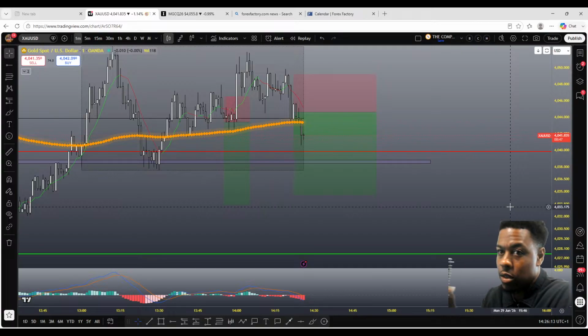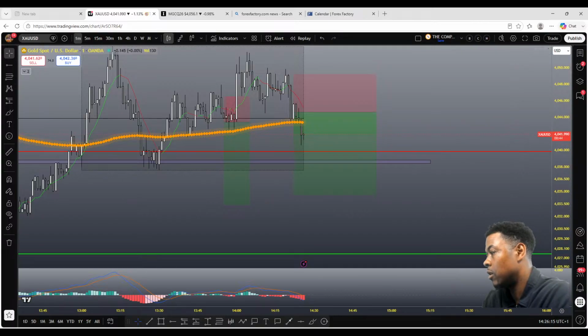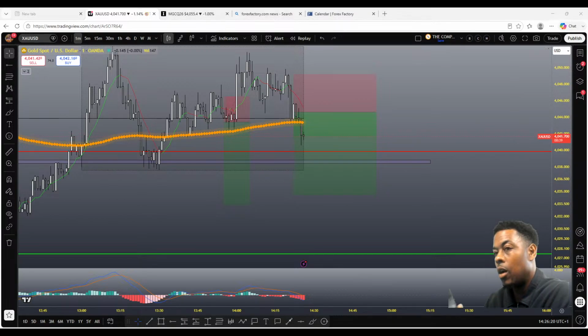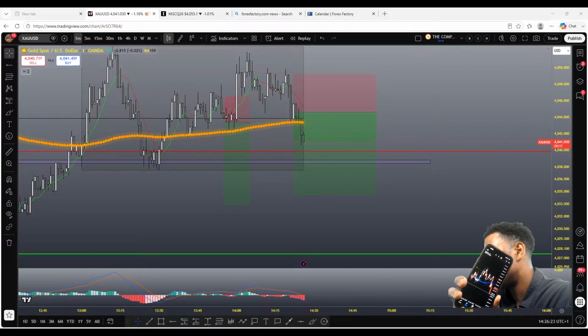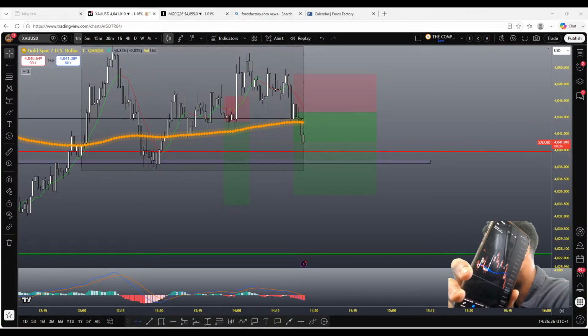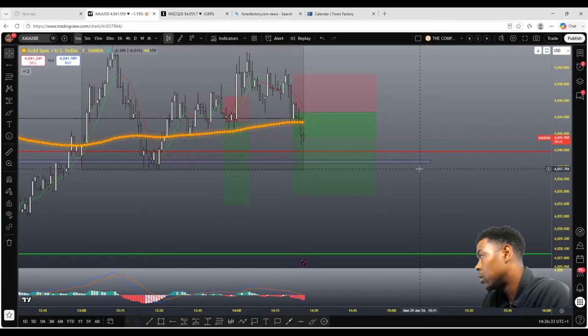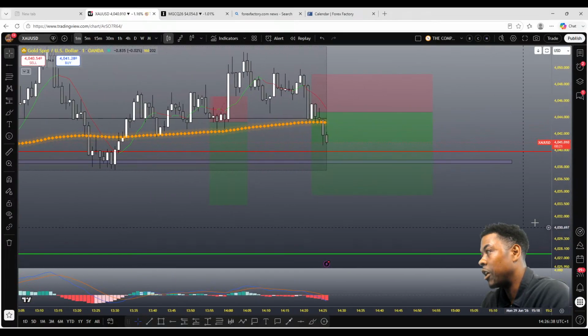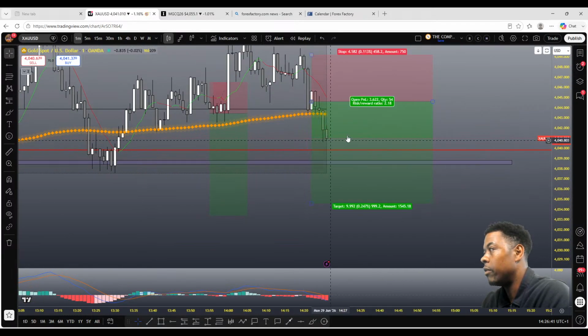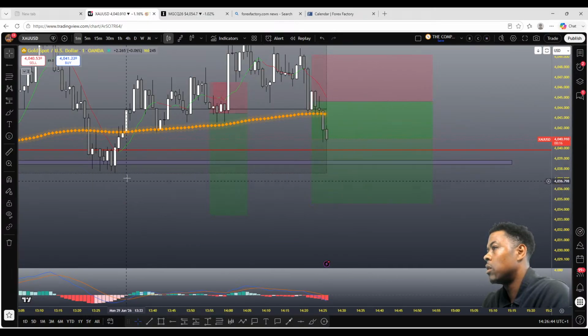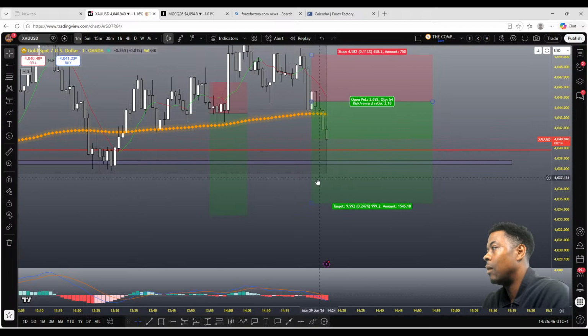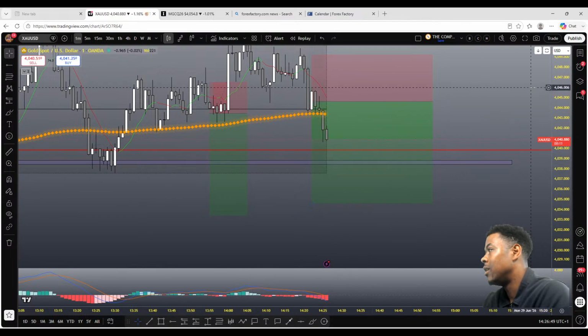I don't know if you can see that, but you know what I'm talking about. Price needs to touch the resistant level for me to actually move my stop loss to break even. Unfortunately, that previous resistant level is holding as a support level.